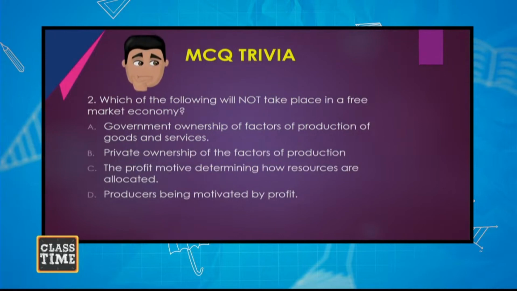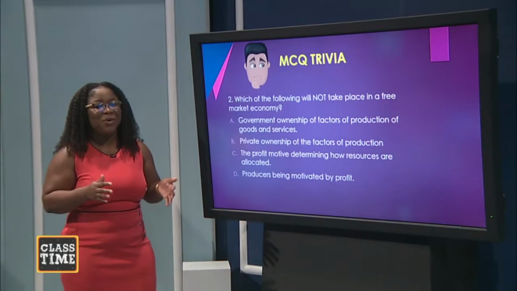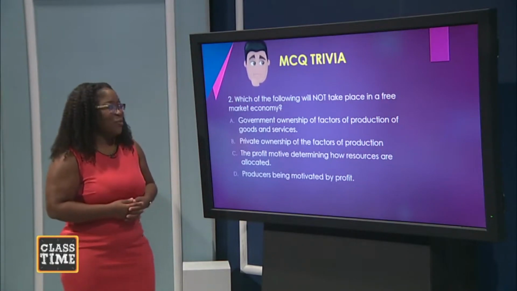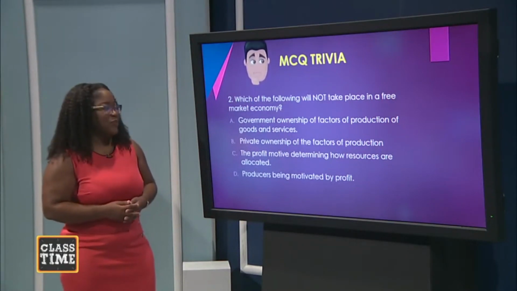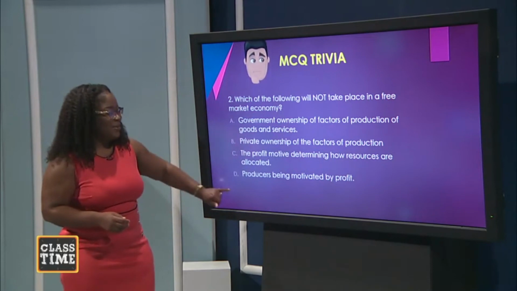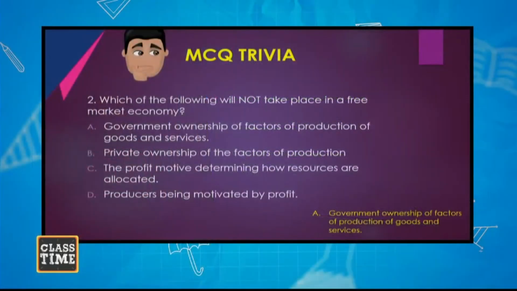Okay, let's repeat the question because some of the answers are long. Which of the following will not take place in a free market economy? So a free market, remember what we said, even though we don't really have a completely free market economy, there are some that are very close. So if you say A, you're correct. In a free market economy, it says which of the following will not take place, and that's where government owns the factors of production of goods and services.